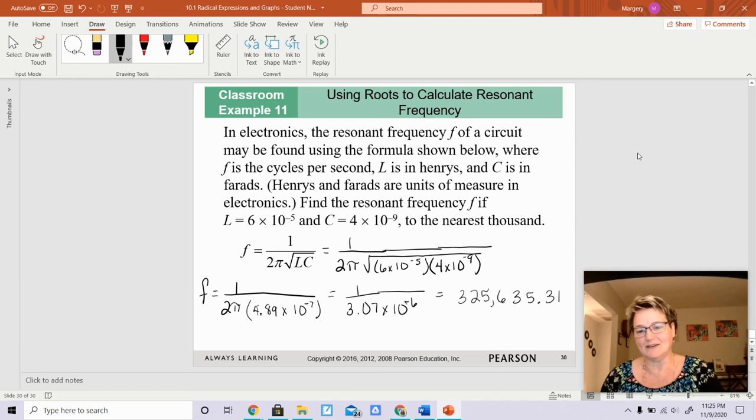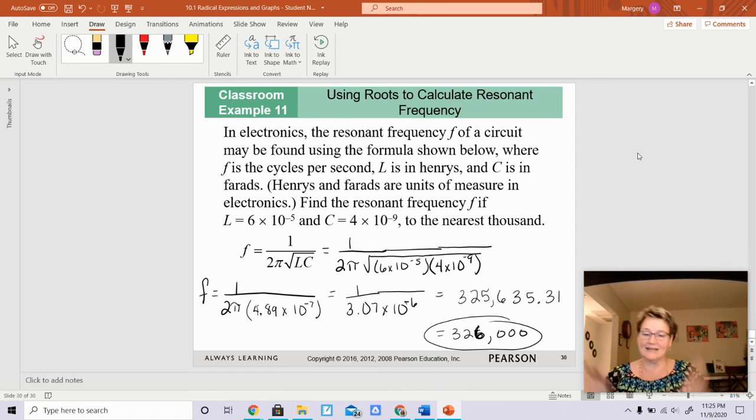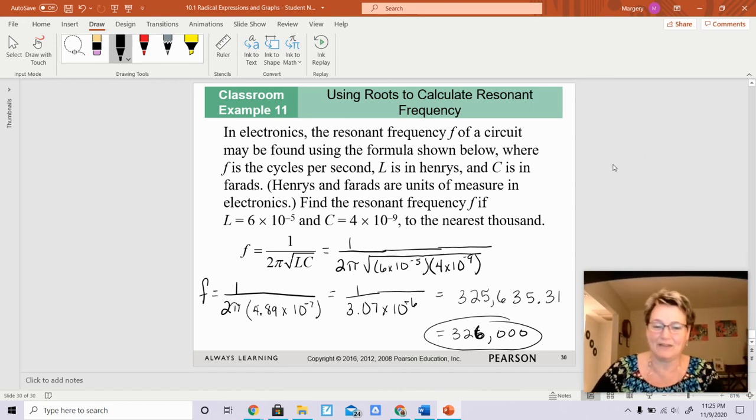And they want it to the nearest thousand, so that should be 325,000. Actually, it should be 326,000. They want it to the thousands. So if we rounded it, it would be here. Now, hopefully my scientific notation division was okay. This calculator is not the favorite one.